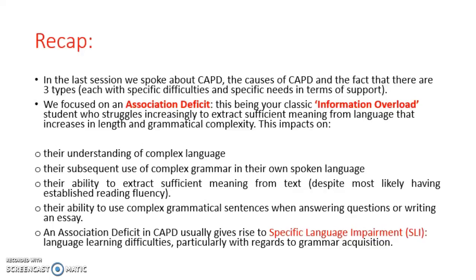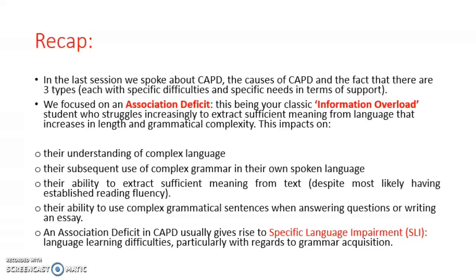We focused on an association deficit, these being your students who have classic information overload, basically meaning that the longer and more complex the information presented to them is, the more difficult it is for them to understand it. How does this impact on them? Well, it impacts on their understanding and recall of complex language, or complex grammatical language, because they're struggling to understand and recall complex language.